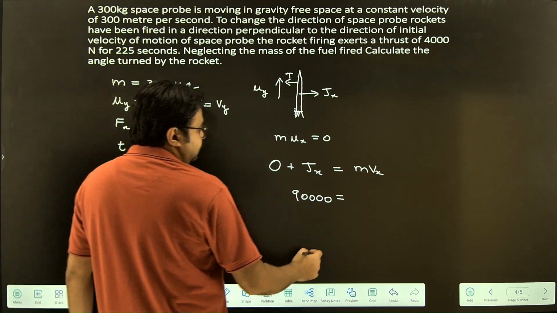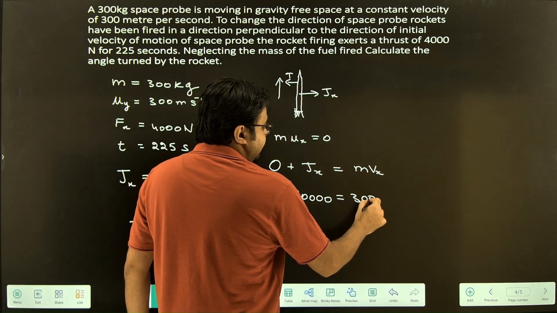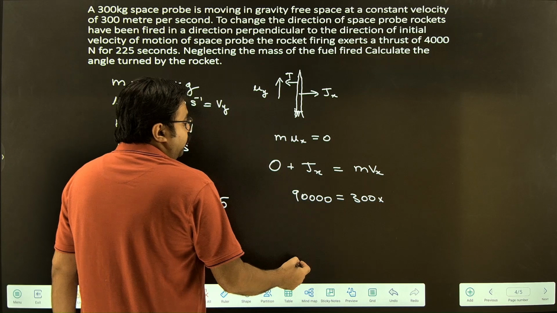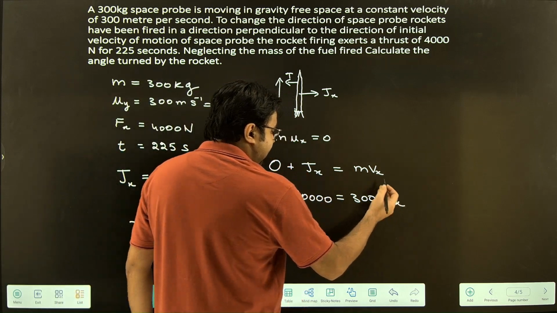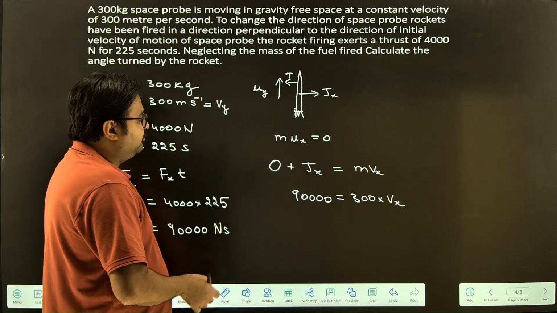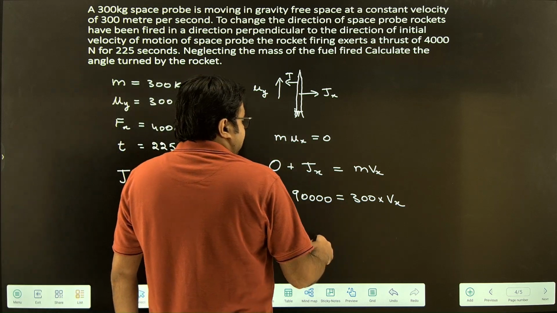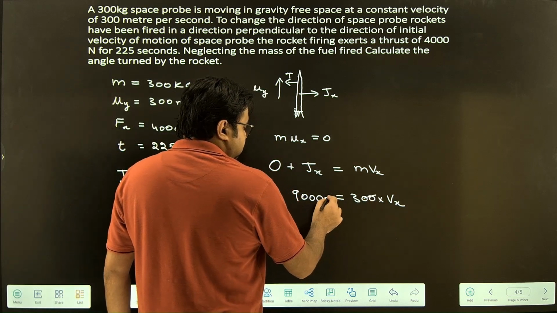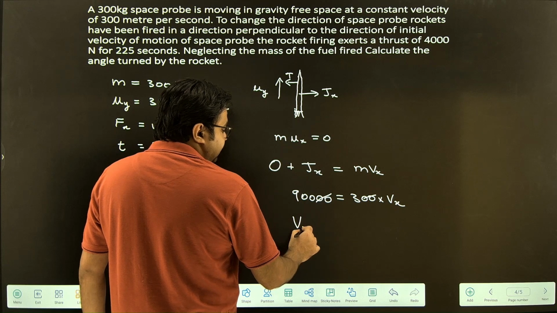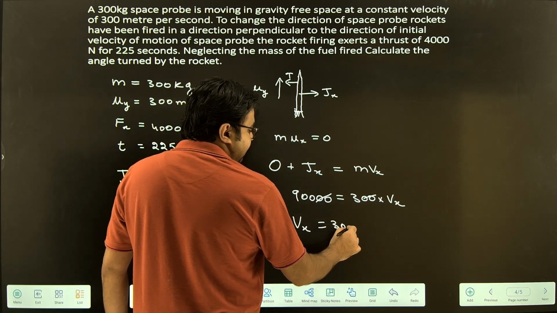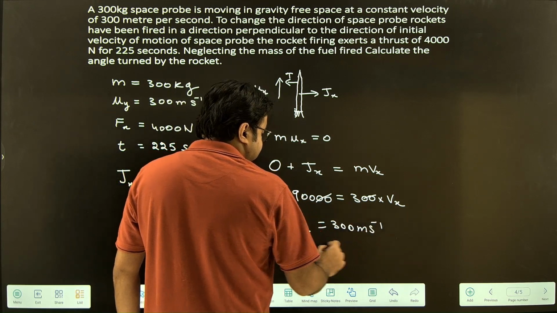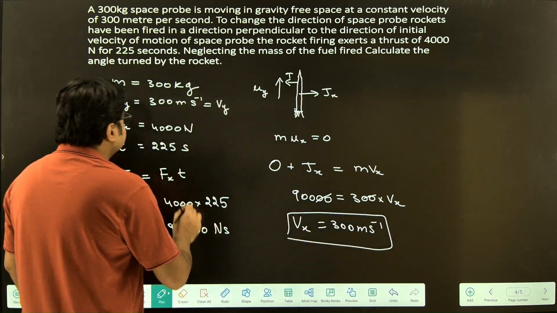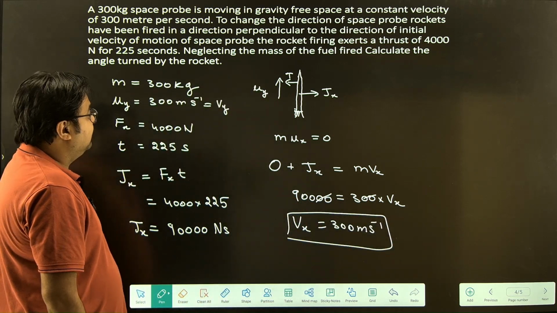M is the mass of the rocket now. That's 300 kg, and it's moving with a velocity vx. I will have to figure that out. Well, all you have here is two zeros going away, and velocity along the x direction now is 300 meter per second, which is the same as the velocity along the y direction.